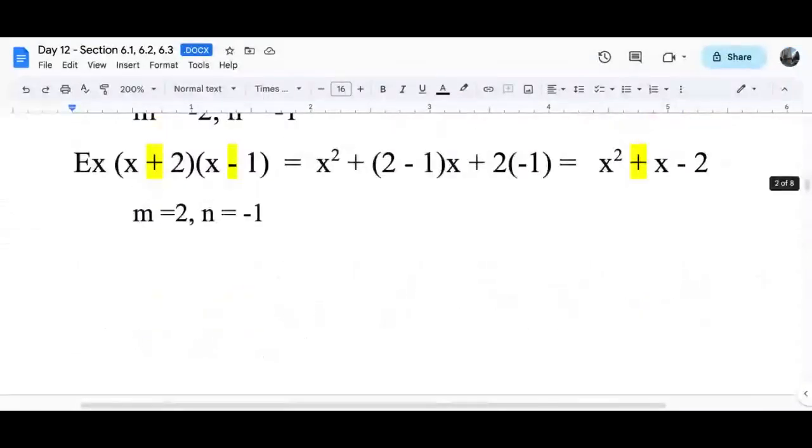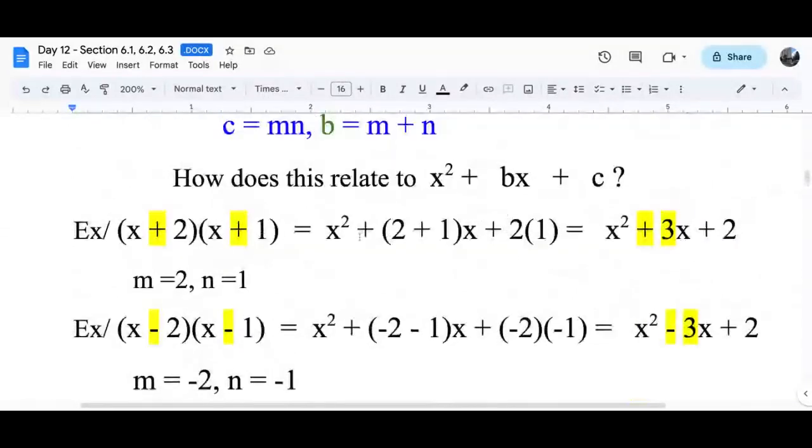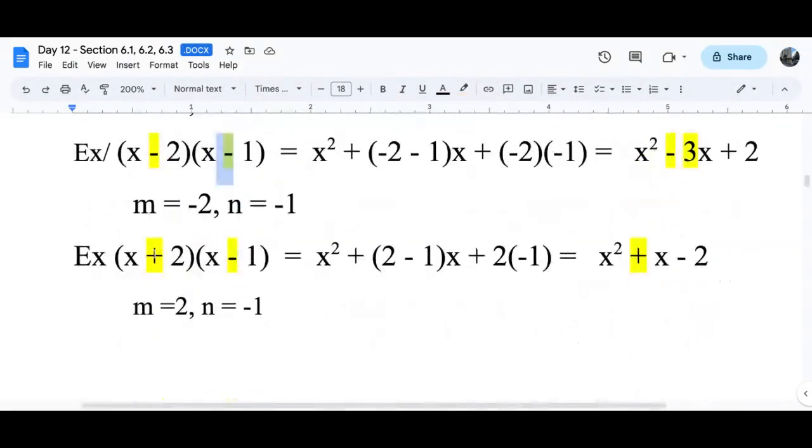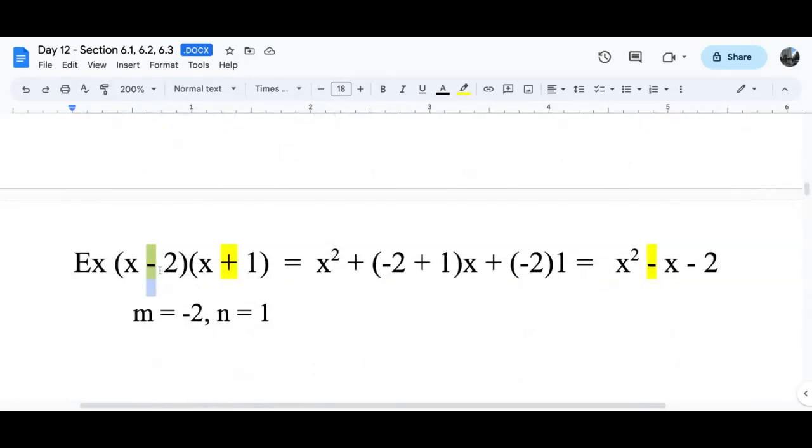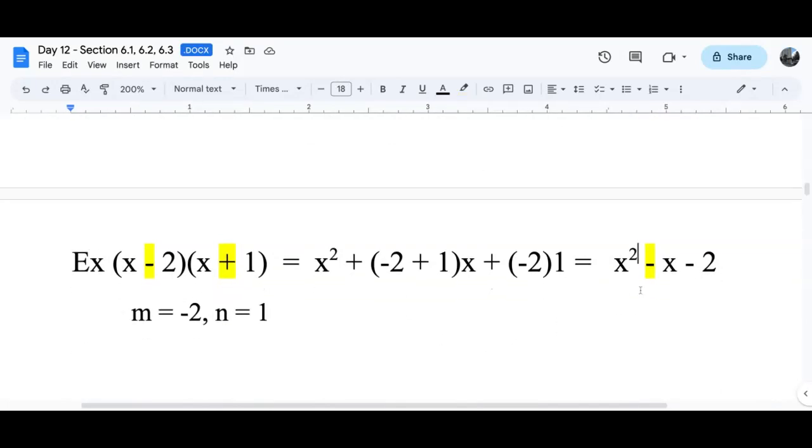So just be careful with the difference. When you read the notes, you see positive, positive, negative, negative, positive, negative, then negative, positive. Because the positive and negative signs are different, the result is different.